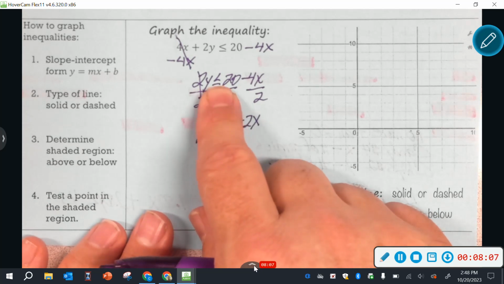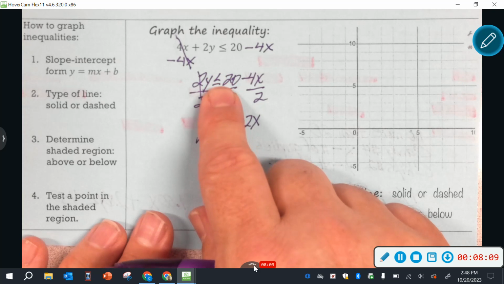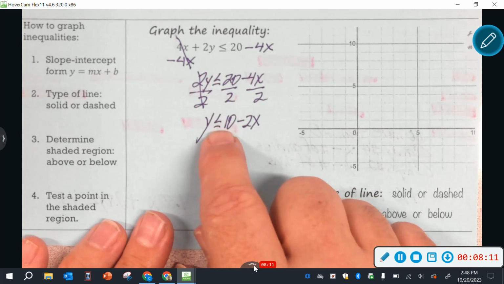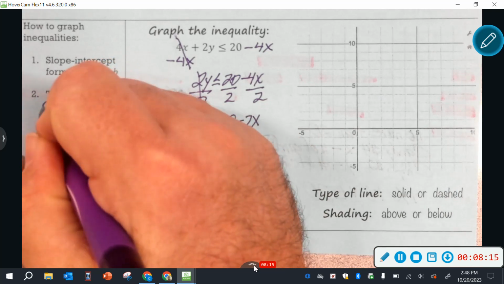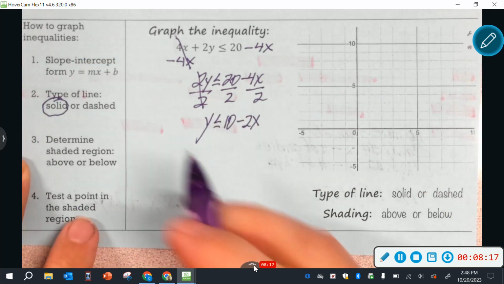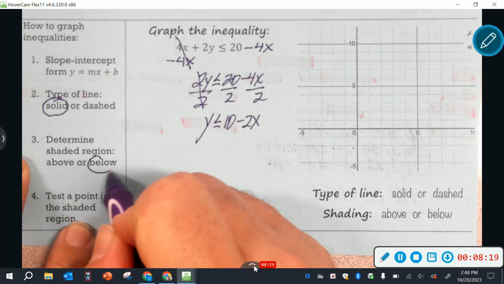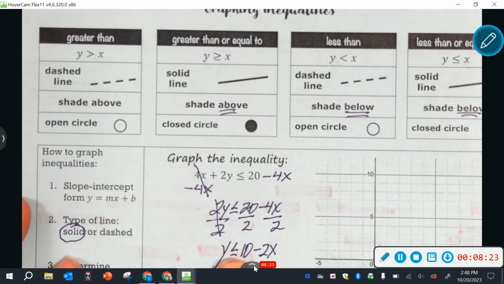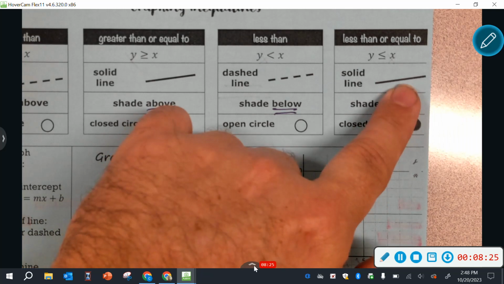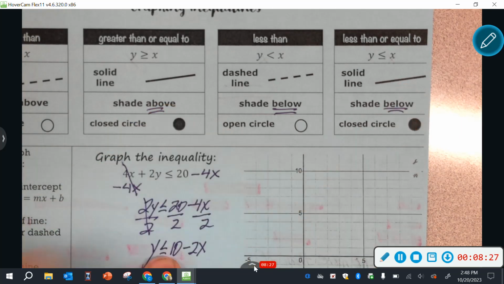Notice this is a less than or equal to, right here, y less than or equal to. So this is going to be a solid line, and we're going to shade below it because it's y less than. Okay, so if I got y less than or equal to, it's a solid line, shade below.